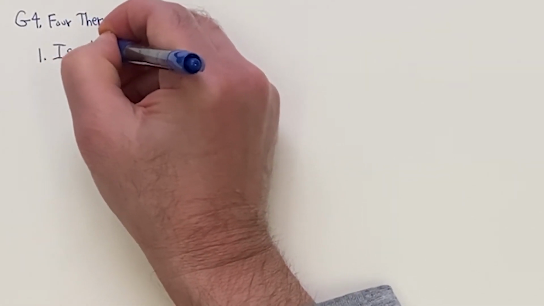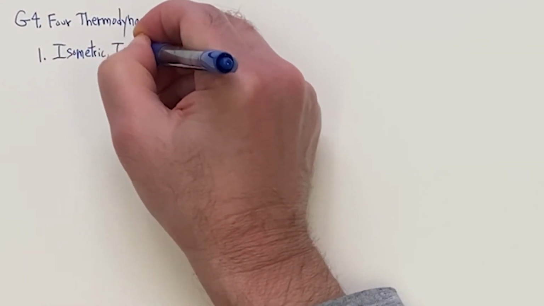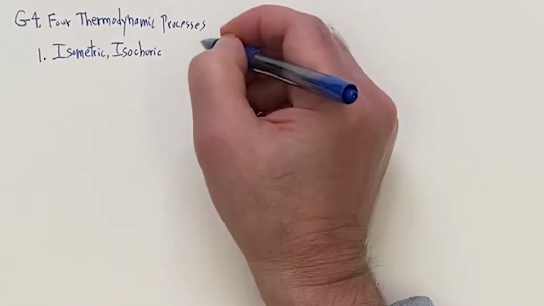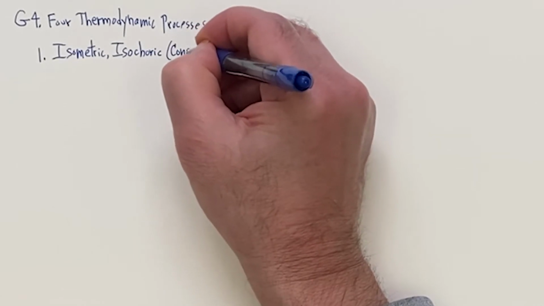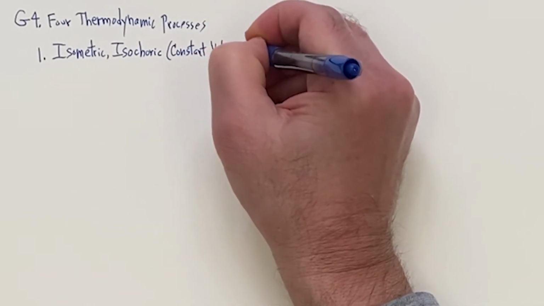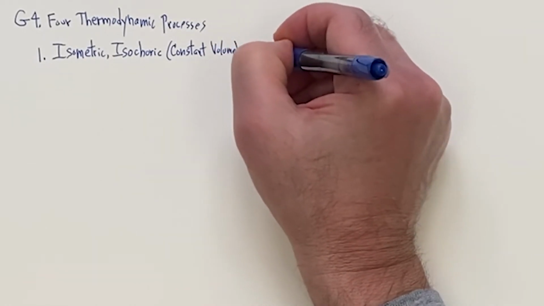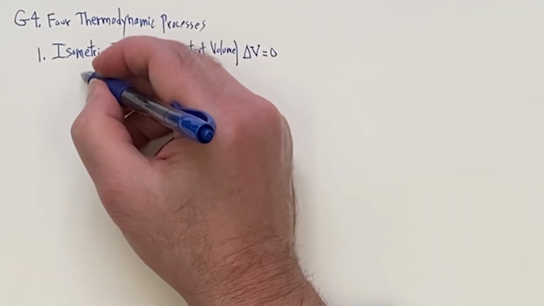First one, isometric, sometimes called isochoric. And this means constant volume. In other words, delta V for volume is equal to 0. So let's look at that.